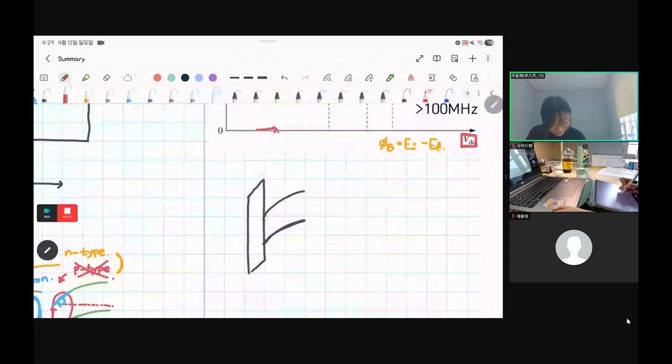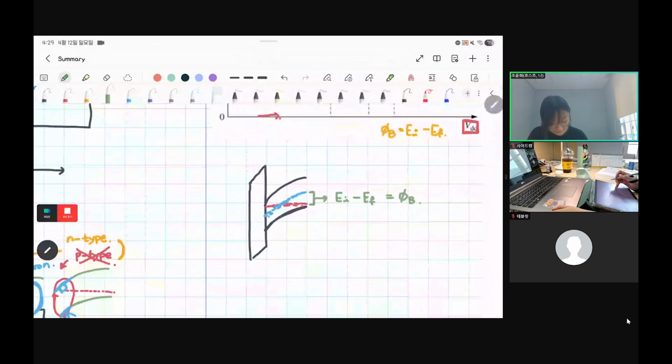And the Fermi level is here. But the intrinsic Fermi level is here like this. So this part is the intrinsic Fermi level minus the Fermi level. So we can call this phi b.